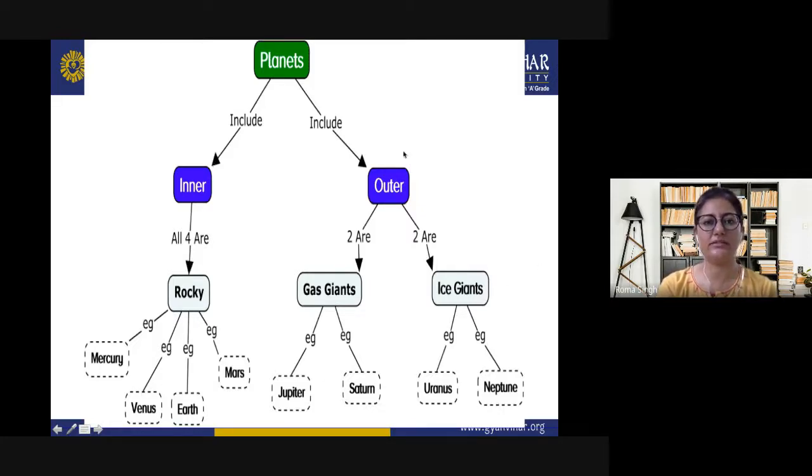These are the planets, how inner and outer planets are shown here, how many inner planets there are, how many outer planets there are, and they are further divided into various categories. Then at the end, examples are given in the form of how many planets come in the inner circle and how many in the outer circle. So this is how the mapping is done.